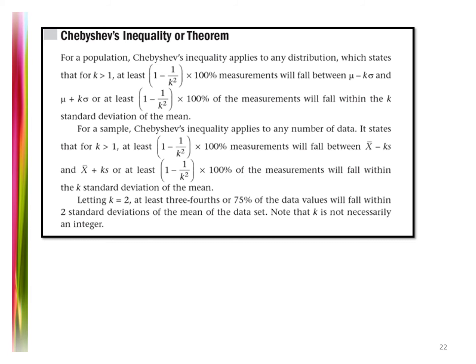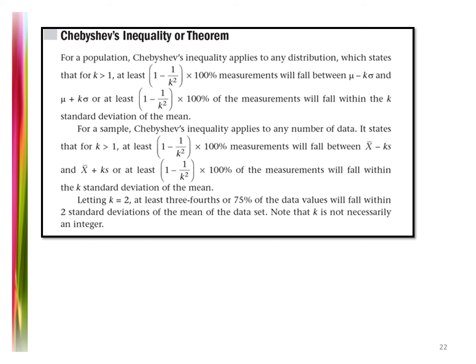It states that for k greater than 1, at least 1 minus 1 over k squared, times 100%, of the measurements will fall between mu minus k sigma and mu plus k sigma. Otherwise, we can say at least 1 minus 1 over k squared, times 100%, of the measurements will fall within k standard deviations of the mean.